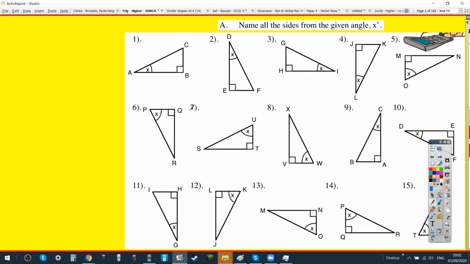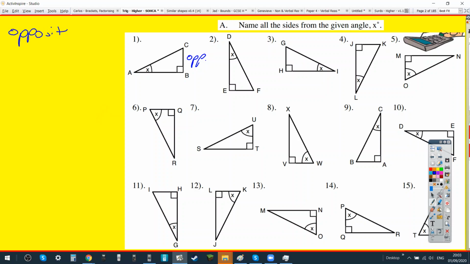Let's do that. Okay, so name all three sides. Which side for the first one is hypotenuse, which is opposite, which is adjacent to the angle X? Opposite is B, so like BC. Yeah. Okay. Opposite BC.